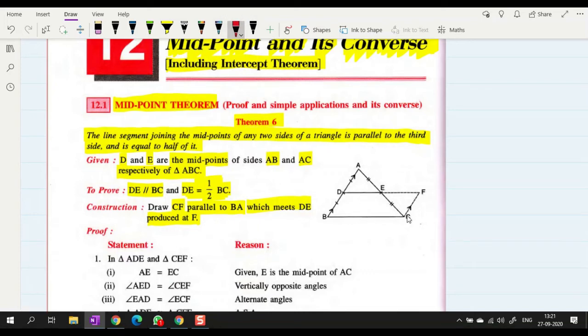Draw CF. CF is drawn parallel to BA. So you can say that these two red lines are parallel to each other. And you have to produce DE to meet CF at F. So this is your construction.